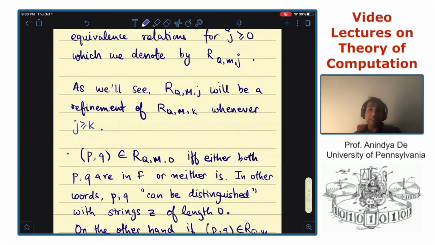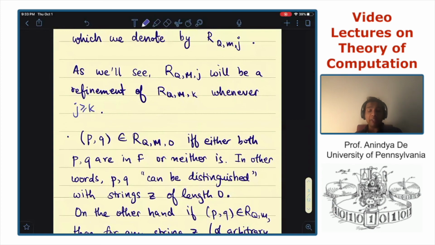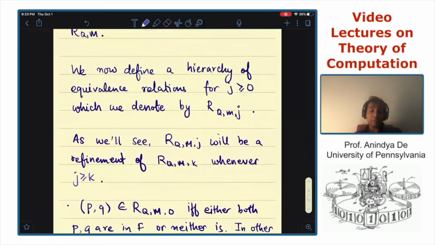But a suggestive way to say what we're doing here is that whenever P, Q can be distinguished by strings of length 0, and remember there's only one string of length 0, the empty string, then P, Q are not in R_{Q,M,0}. So P and Q fall in different equivalence classes. What do I mean by being distinguished by strings of length 0?